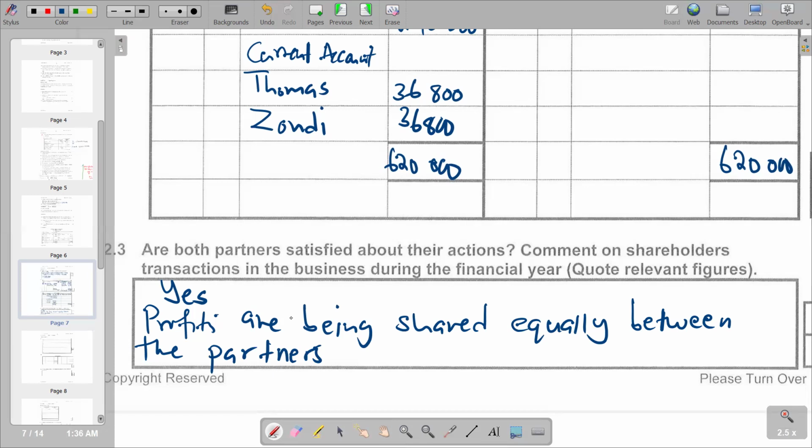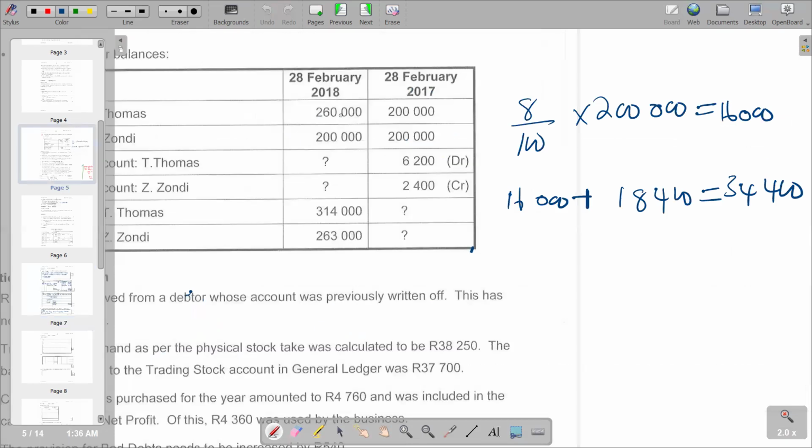And if you check in terms of the capital balances, Thomas now has a larger capital balance. So it means Thomas was supposed to be rewarded by earning higher profits. That is a no answer that you can use and justify in that respect. So that is what we have.